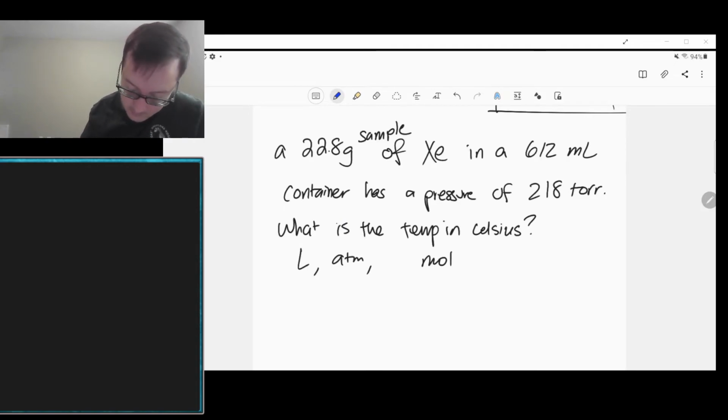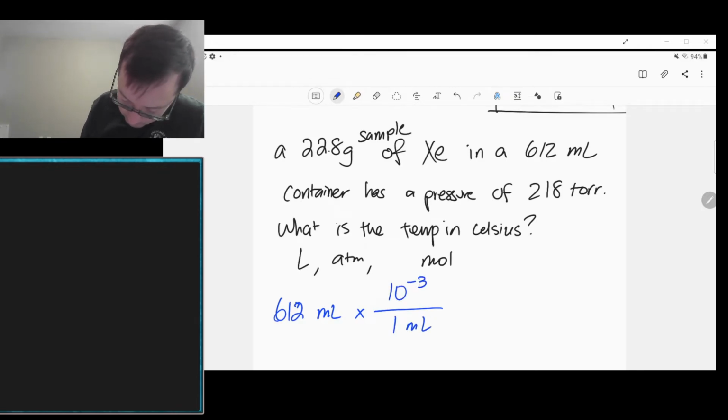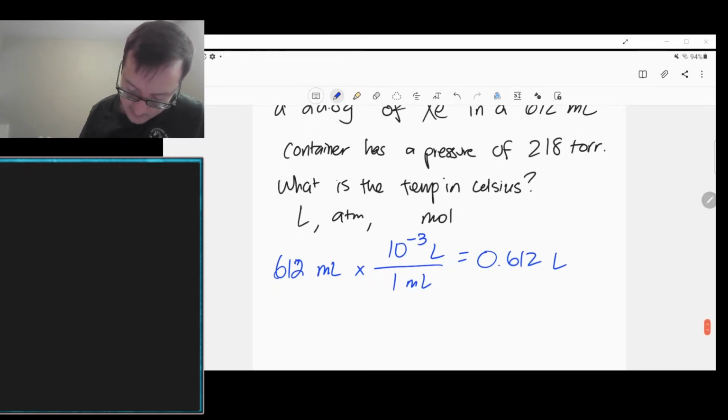So we need liters. So 612 milliliters. Hopefully we can do this in our heads. 0.612 liters. Great. Atmospheres, we have 218 torr.